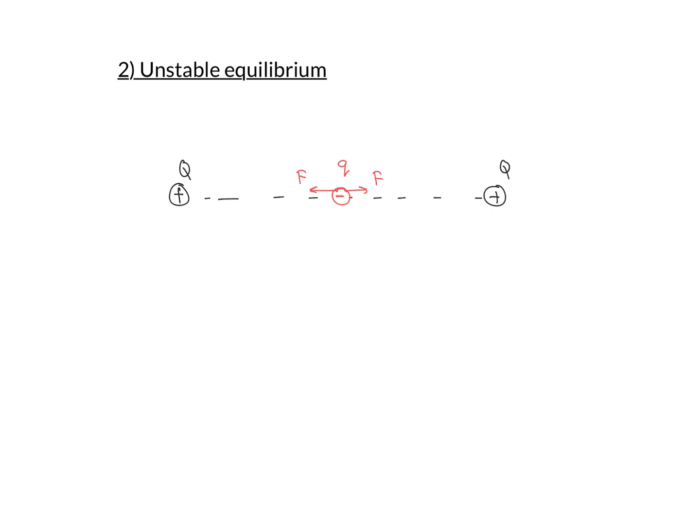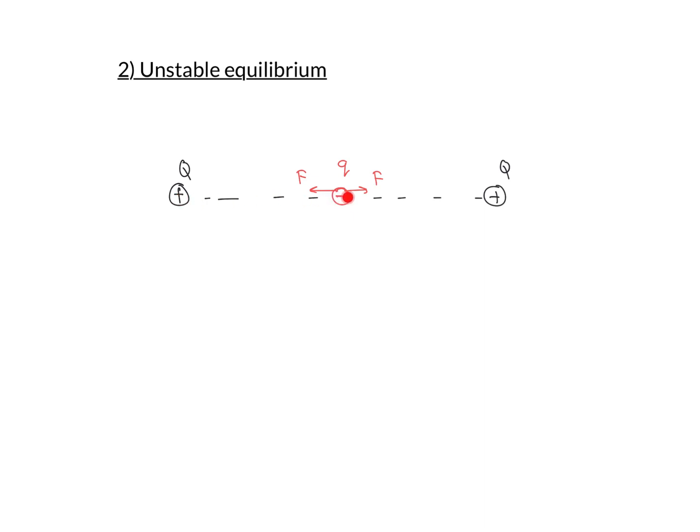So it is an equilibrium. But if you are displacing this negative charge towards left, the force of attraction between this negative charge and the charge on the left will increase, and the force of attraction between this negative charge and the charge on the right side will decrease. So if you are displacing the negative charge towards left, it is going to move towards left.